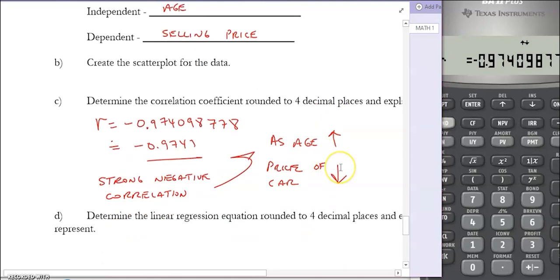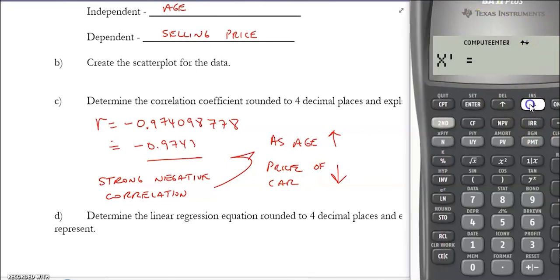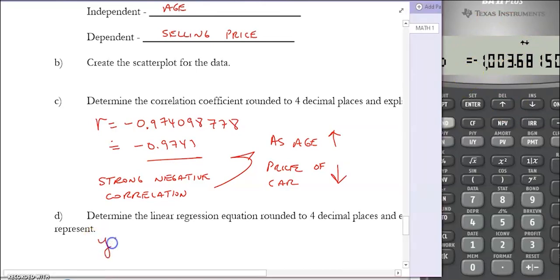Next it asks, determine the regression equation rounded to 4 decimal places and explain your findings. So once again in our calculator, if we scroll up, we want our A and B. Remember the B is your slope.